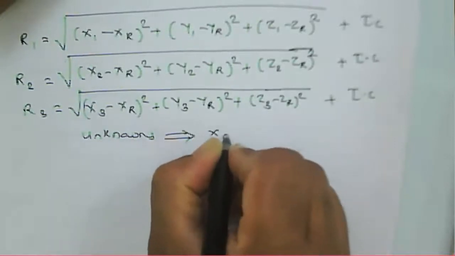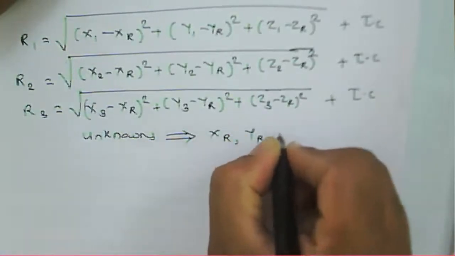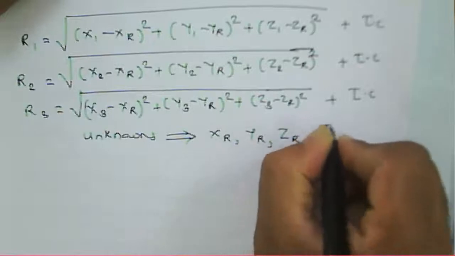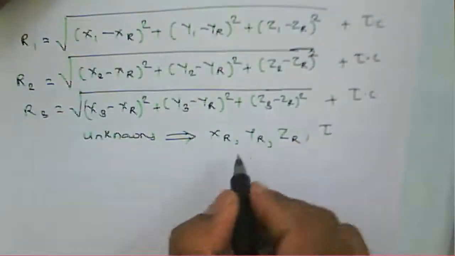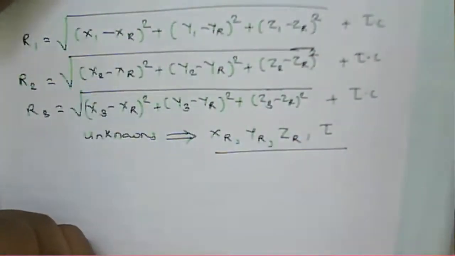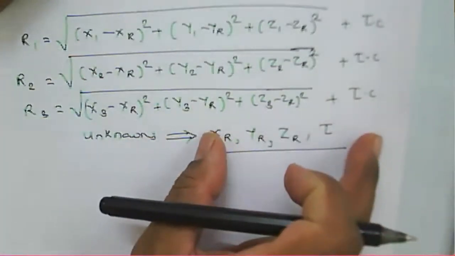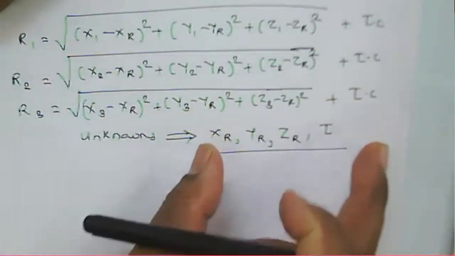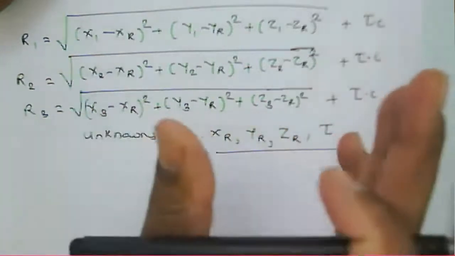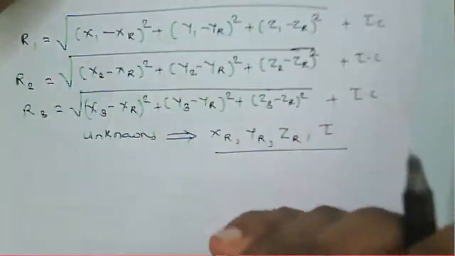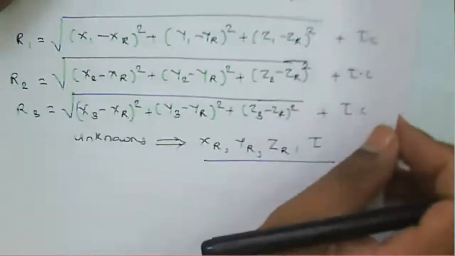What are those four unknowns? XR, YR, ZR, and tau. These are the four unknowns, and these four unknowns can be solved, and then we can find the pseudo range equation.